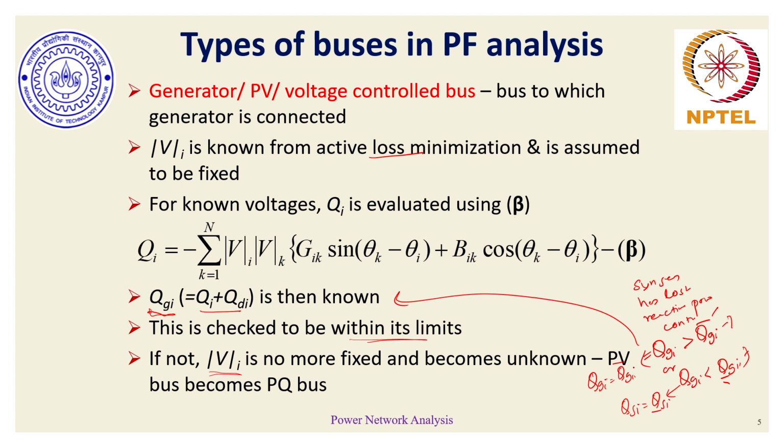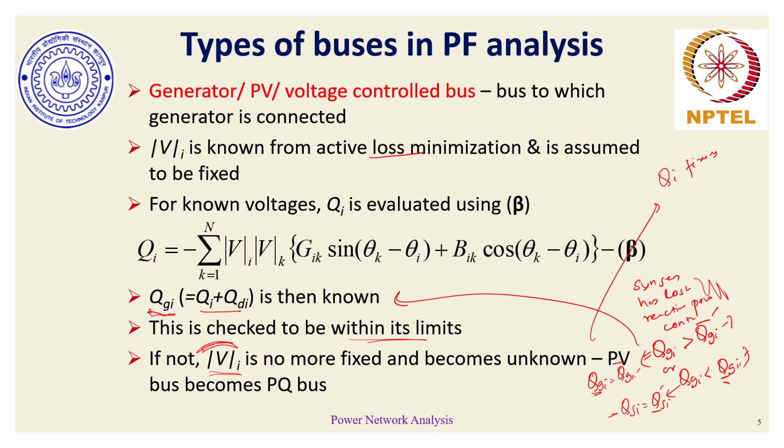And these points, when they are set, essentially indicate points on the boundary of the capability curve wherein no more voltage control can be done. So if voltage control can't be done, then it is expected that the terminal voltage will no more remain fixed. In a way, by capping these generation values to the minimum or maximum limit, we are indirectly fixing the reactive injection at every such PV bus.